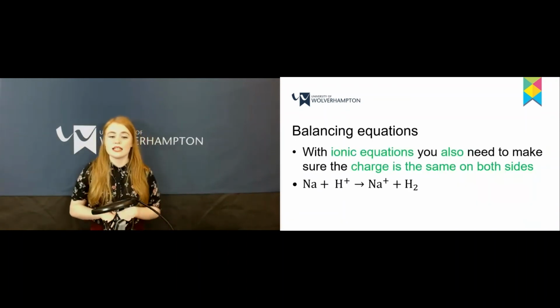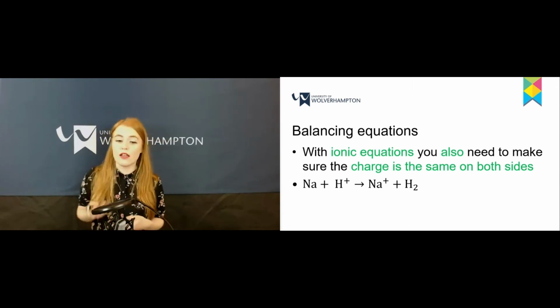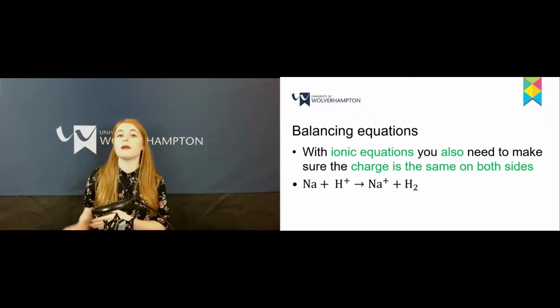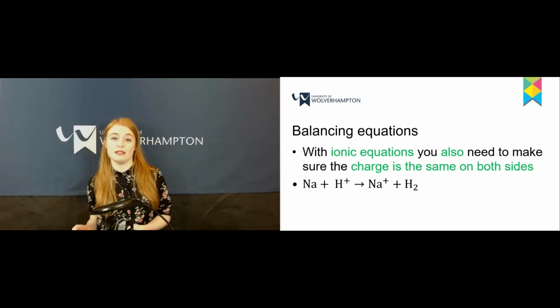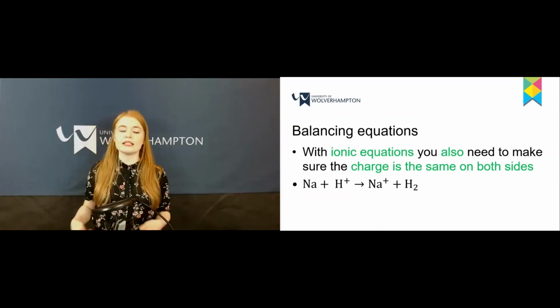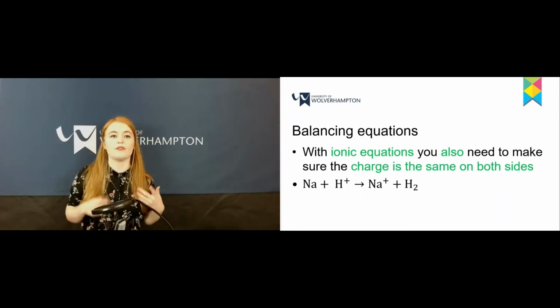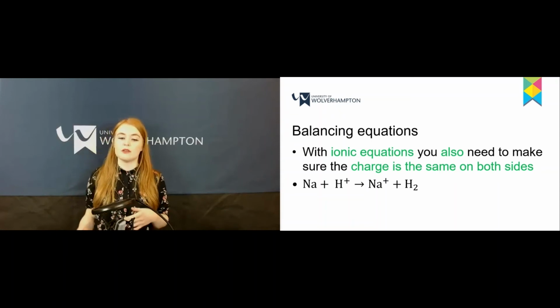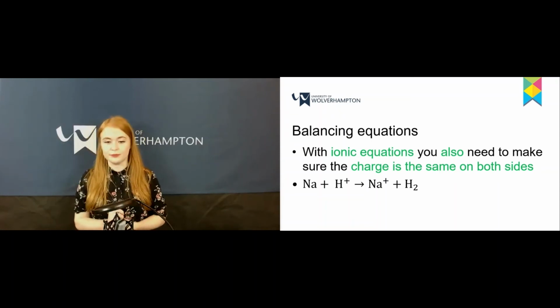Another thing that you need to keep in mind is when you have ionic equations, you also need to make sure that the charge is the same on both sides, alongside making sure that all of the elements balance. So it's an extra thing to make sure it's balancing. So let's take this, for example. You have sodium and a hydrogen ion, and that makes a sodium ion and hydrogen.